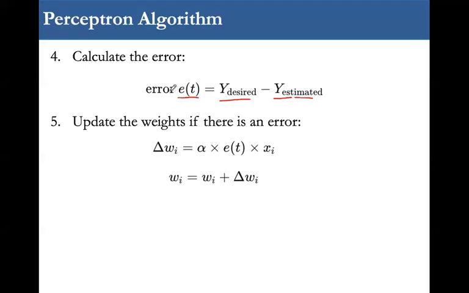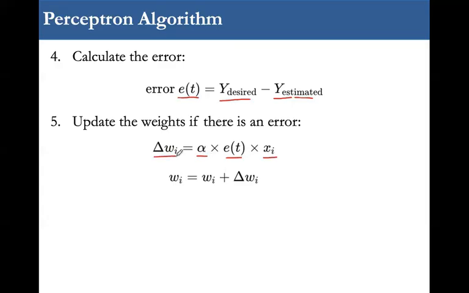After calculating the error, we need to recalculate the weight. So the weights are updated as delta wi equal to alpha, which is nothing but the learning rate, times E of t, which is nothing but the error, times xi. Xi is the particular input i.